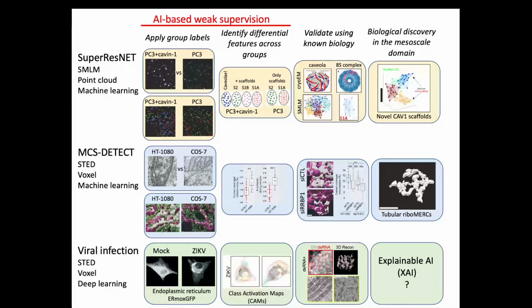And so we set up two groups where we compared cells, one which had caveoli, one which didn't. We then went and classified the structures that we saw. We validated it going back to the cryo-EM. And then we found, oh, well, hey, not only do we see caveoli, we also saw some new structures. And I'll talk a little bit about that more in depth later.